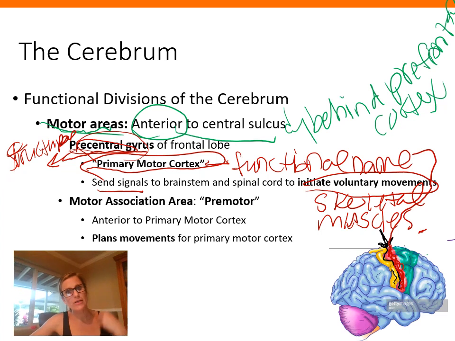If you're sending a signal out to your leg to tell your leg to move, that signal started up in your primary motor cortex. The neuron is located in the primary motor cortex and it sends the signal down.